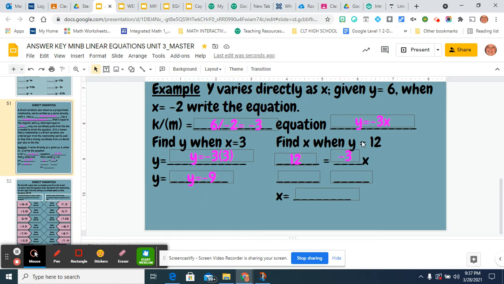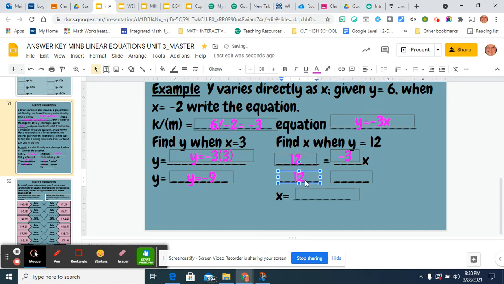Over here, we're going to find x when y equals 12. So we put 12 where the y was, right? And we're finding x, so we have an x here, and we know our slope, or our constant of variation, is -3. So we know 12 equals -3x.